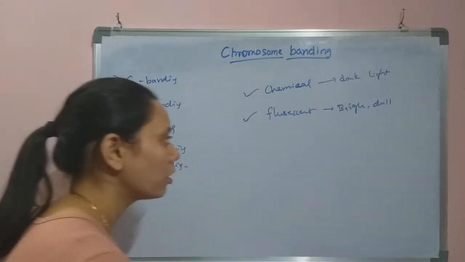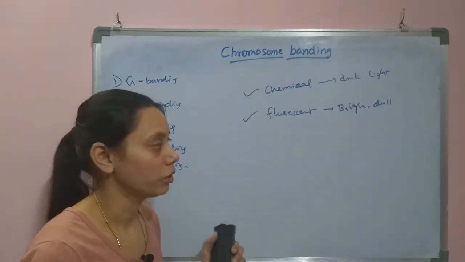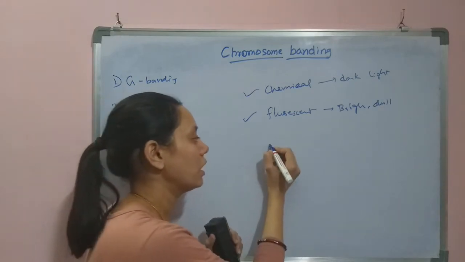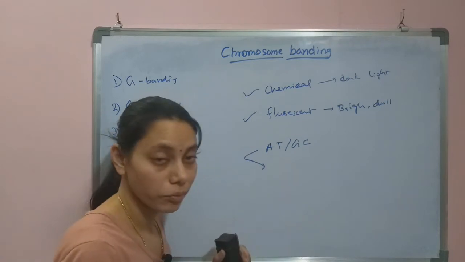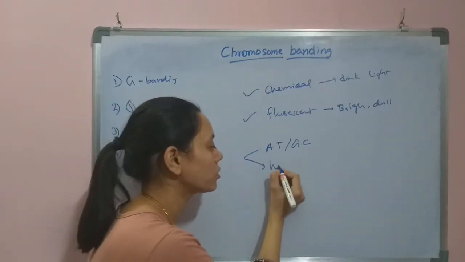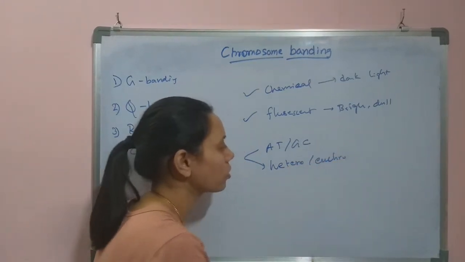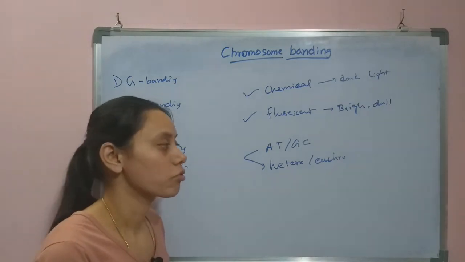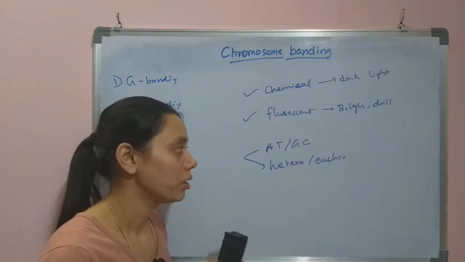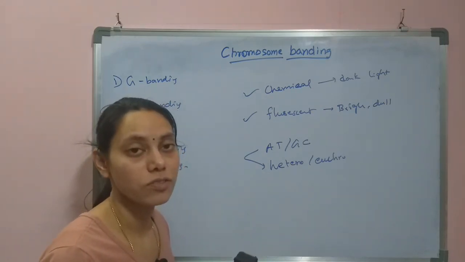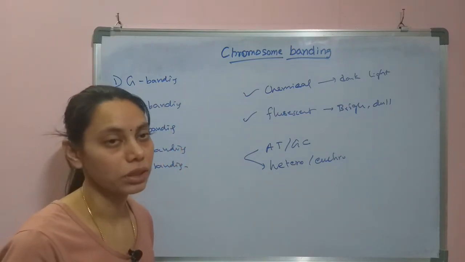Any kind of dye makes a difference on the chromosome by differentiating between AT and GC regions, or between heterochromatin and euchromatin regions. So based on the euchromatin-heterochromatin difference in the sequences, or the AT/GC richness of the chromosomes, all these dyes make banding patterns on the chromosomes.